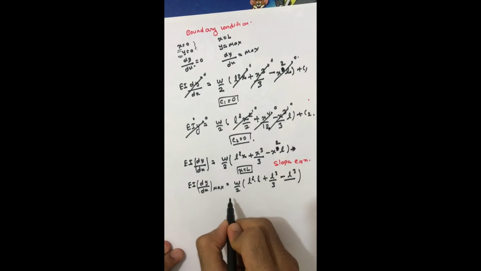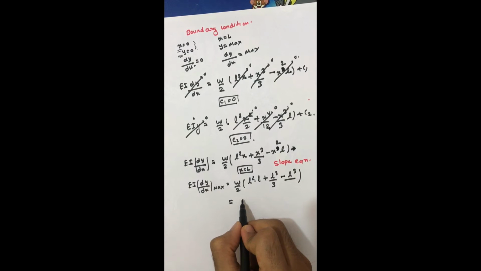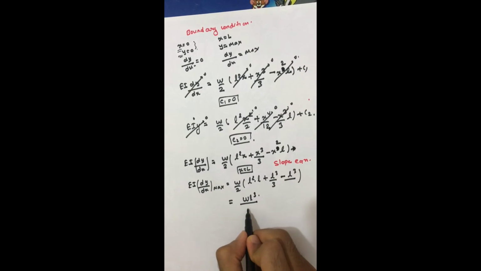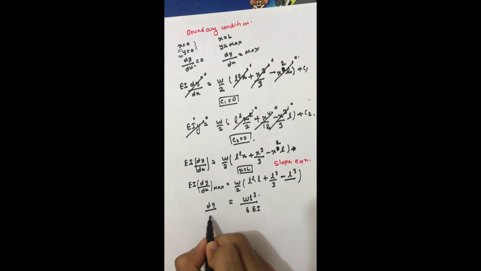Once you solve this, you will get w L to the power of 3 divided by 6 as EI dy/dx maximum.